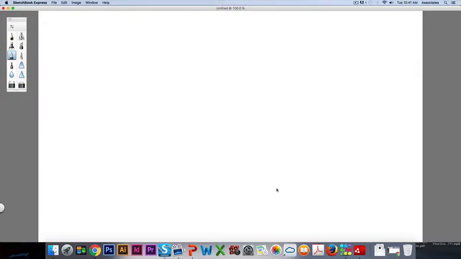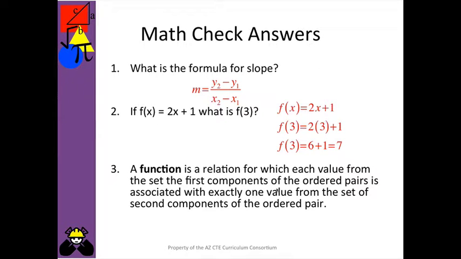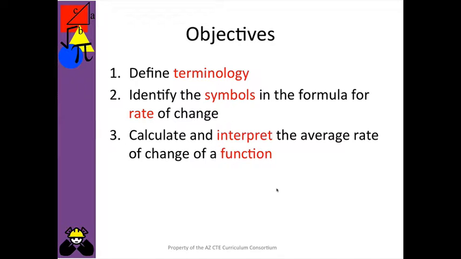Let's go back to our PowerPoint and look at our objectives for today. The formula for slope, then I showed you how to put it in, and a function is a relation where each value from the first set of components, the x's, is associated with exactly one value from the second set, the y's. All right, so here's our objective.